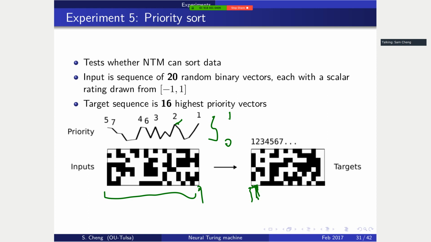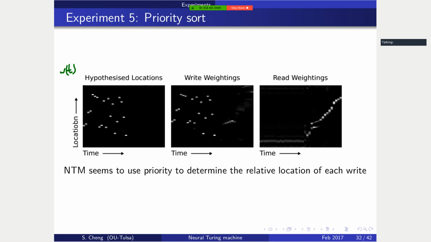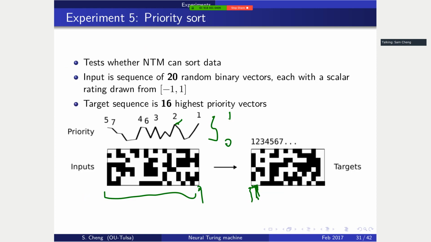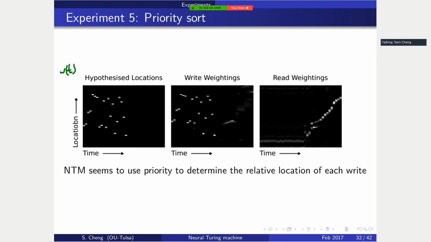If I remember correctly, it's probably from 0 to 1. So what they did is, based on the value of this priority, they adjust the write location to be proportional to the priority. So for example, if I have higher priority, I'll write more to here, and lower priority, I'll write to here.